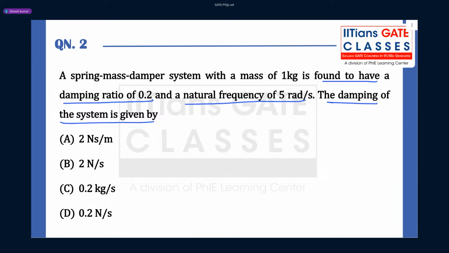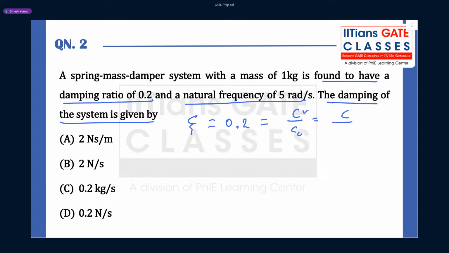So what is given? Damping ratio. Damping ratio is denoted by zeta and it is given as 0.2. And we know damping ratio is what? It is damping of the system upon critical damping coefficient. So it is C by Cc. Now what is asked? They ask C and we know what is Cc.